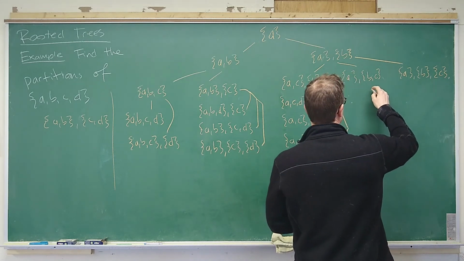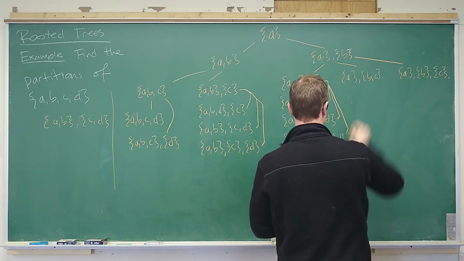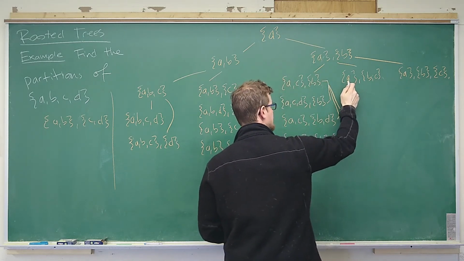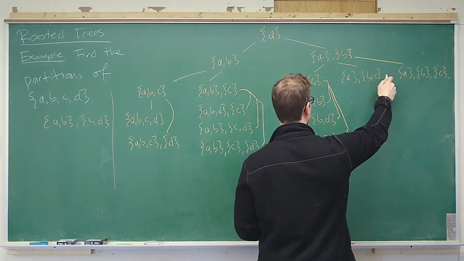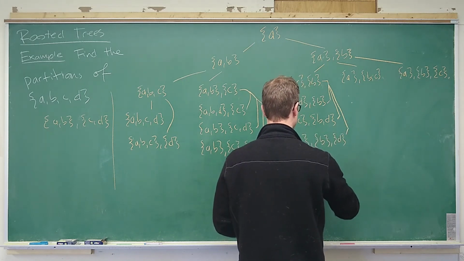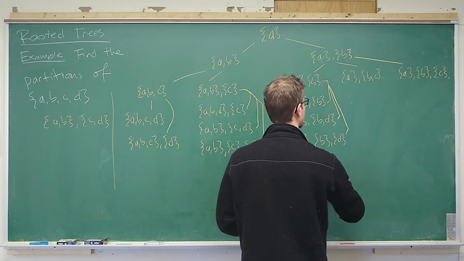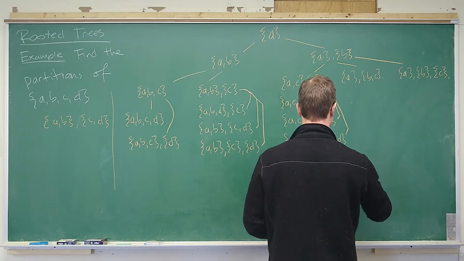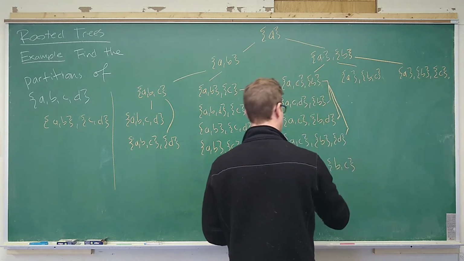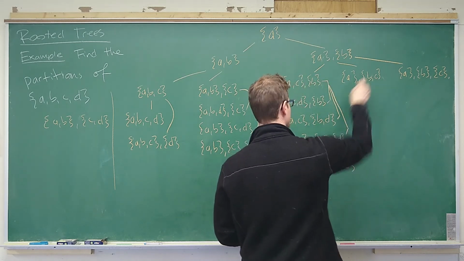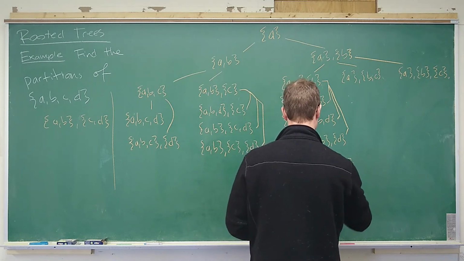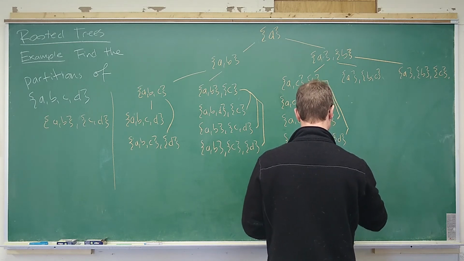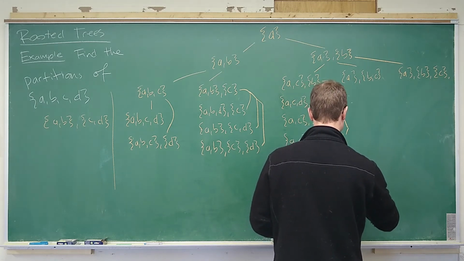All right, so let's see here. I'm going to write these guys down below here actually, so I can add D to this set, D to this set, or outside of. So {A, D} with {B, C}. And I can add D with the second set, so {A} with {B, C, D}.